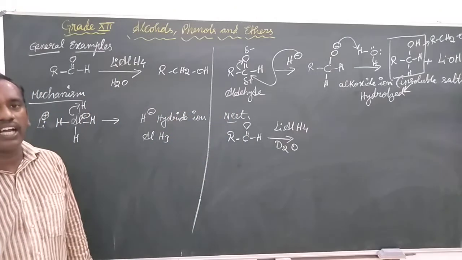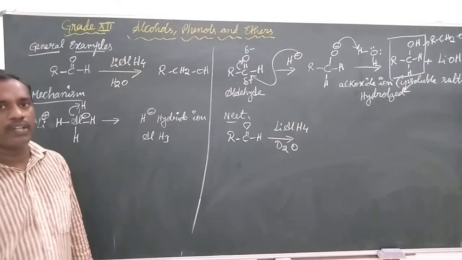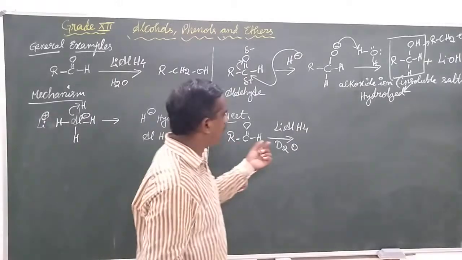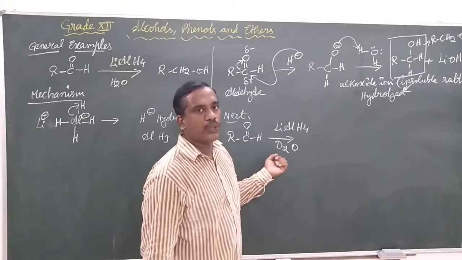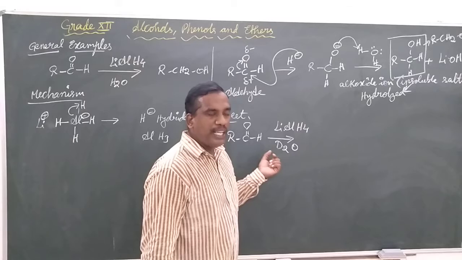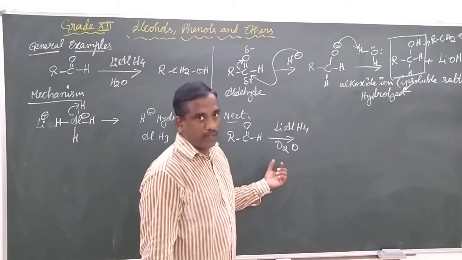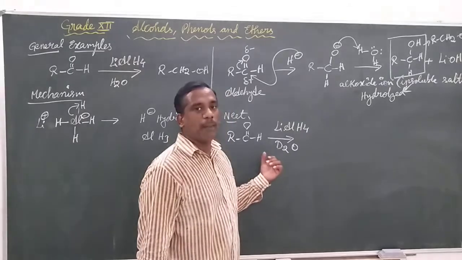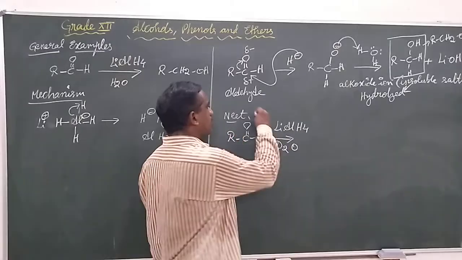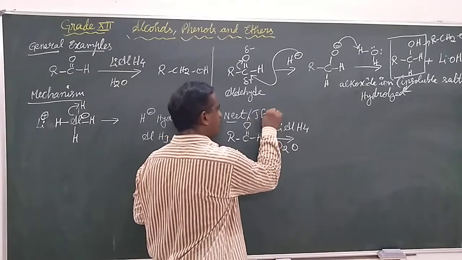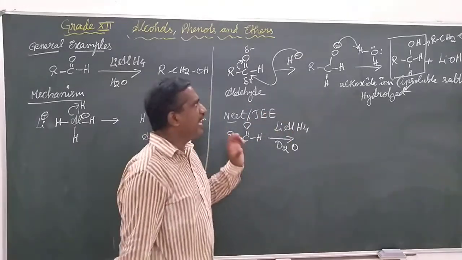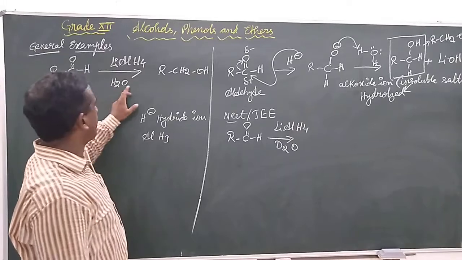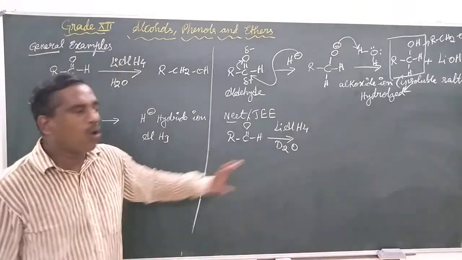D2O is called heavy water. In this case, in place of hydrogens, we have deuteriums. They will act like hydrogen only. So in NEET or JEE Mains, they will just change the solvent, in place of water they will add D2O.